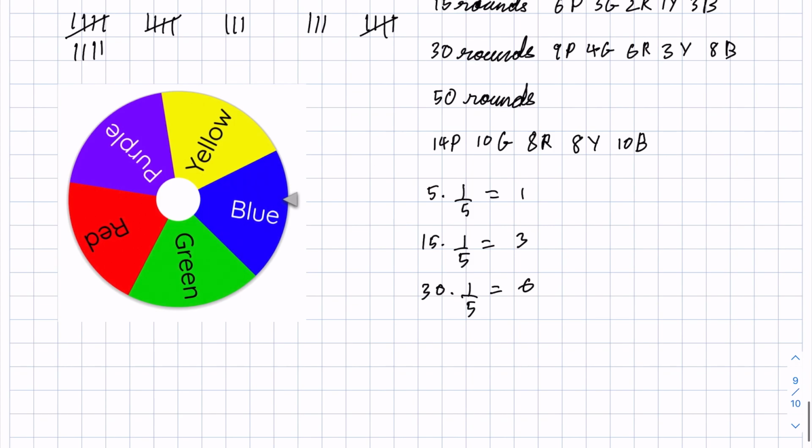Now let's solve the actual problem, which is how many of these match the theoretical probability. Since I have 50 times 1/5, each section should land on 10. And over here, only two of them match. So the answer to our question was 2.